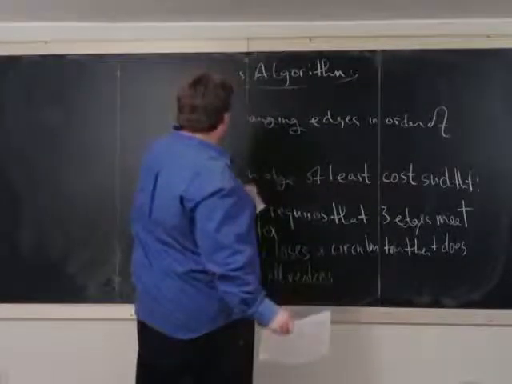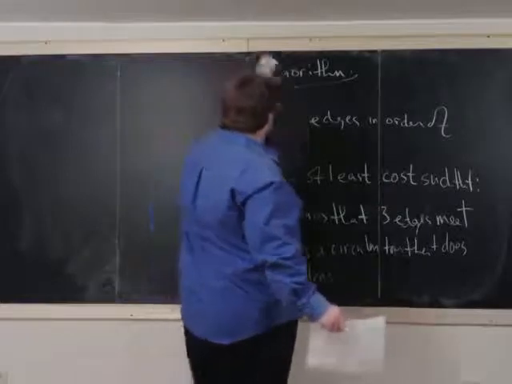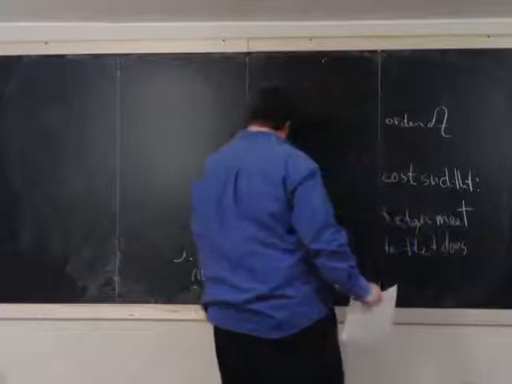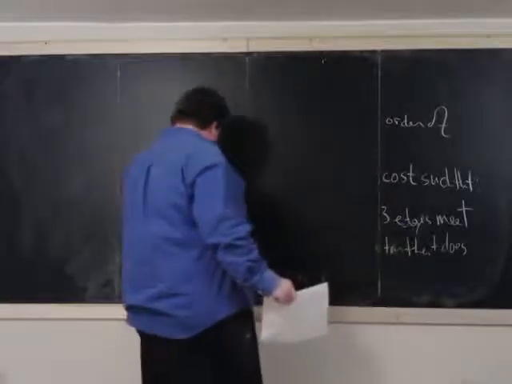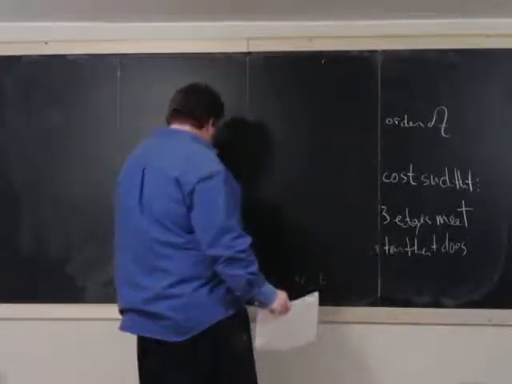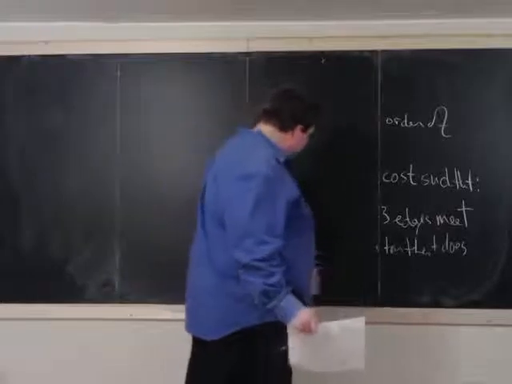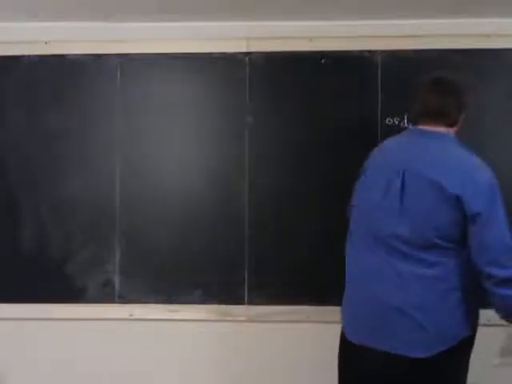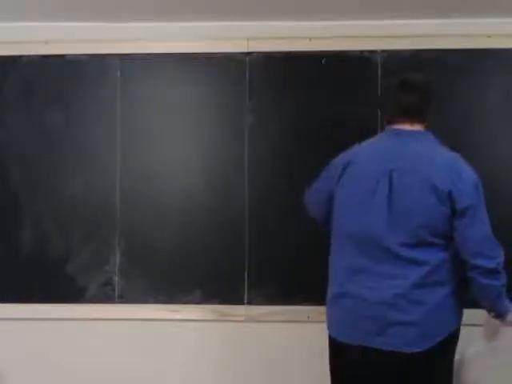And we'll do those same two examples. We'll apply the sorted edges algorithm. Now, in this sorted edges algorithm, it doesn't assume you start anywhere like the nearest neighbor algorithm. So you think it might be better. There are cases where it's better.